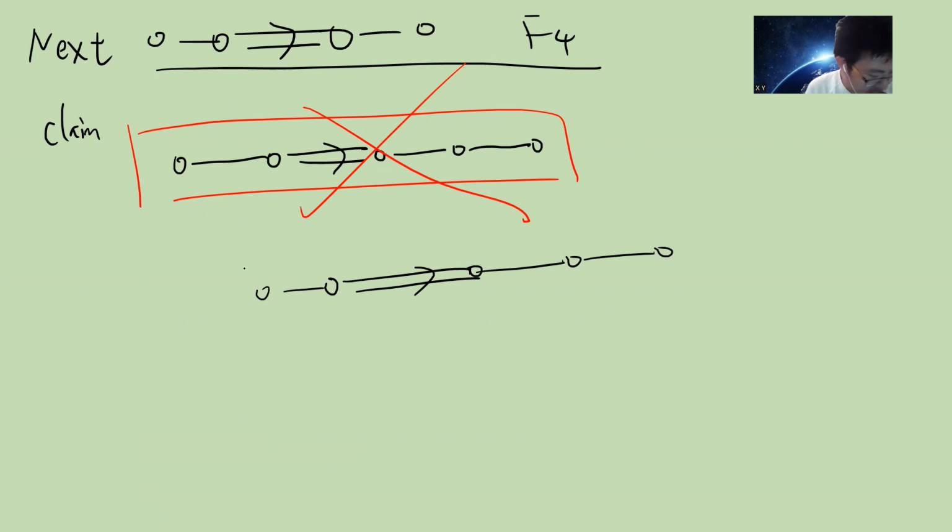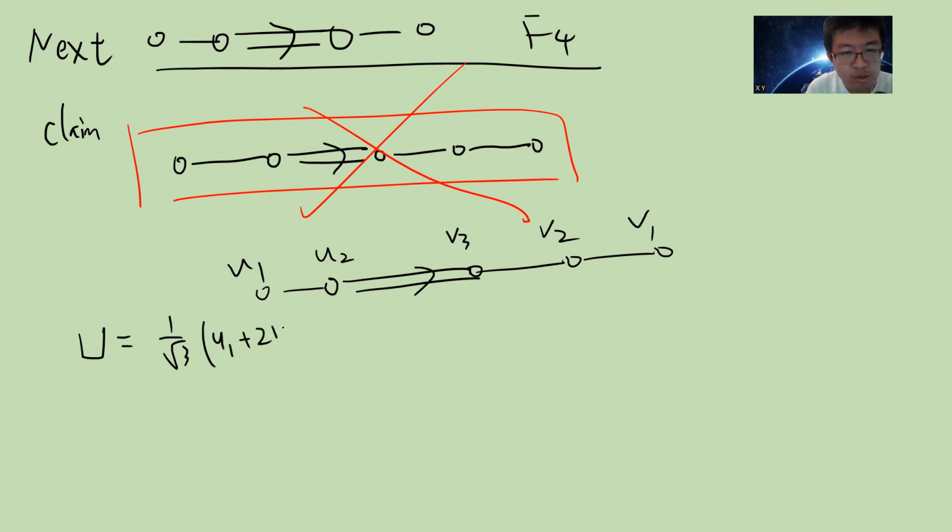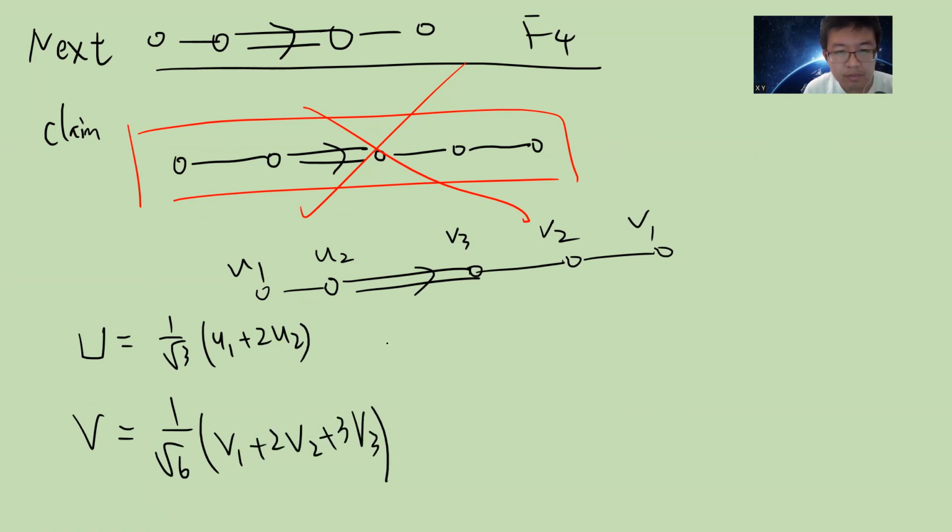Let's call these U2 and V3, V2, V1, and U1. And let's define a large U, capital U, equal to 1 over square root of 3, U1 plus 2 U2, and V is 1 over square root of 6, V1 plus 2 V2 plus 3 V3.